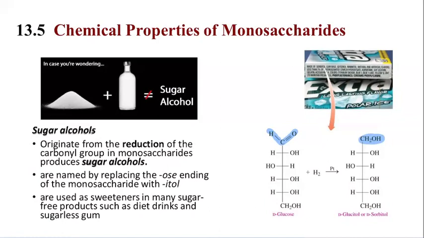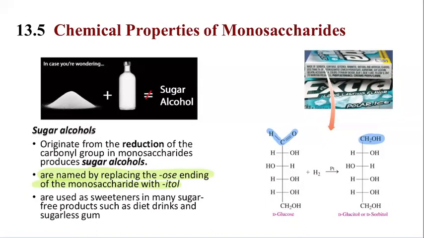Now, how do you know what is the sugar alcohol that is going to be formed, or what is the carbohydrate that they come from? Well, the name for your sugar alcohol is actually determined by removing the OSE ending in your monosaccharide and replacing it with ITOL.